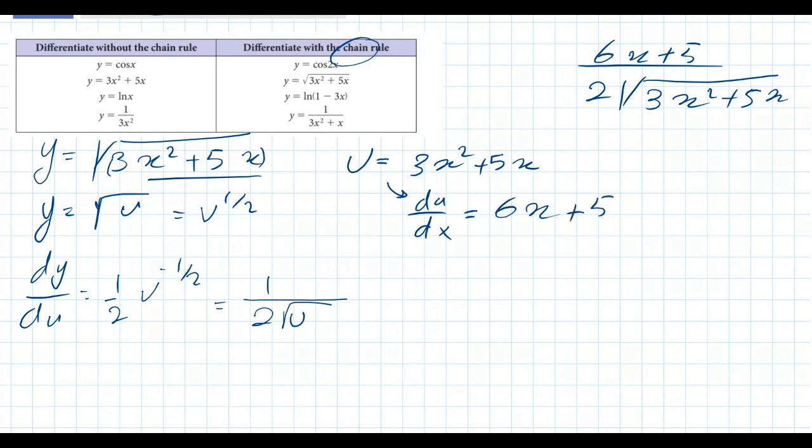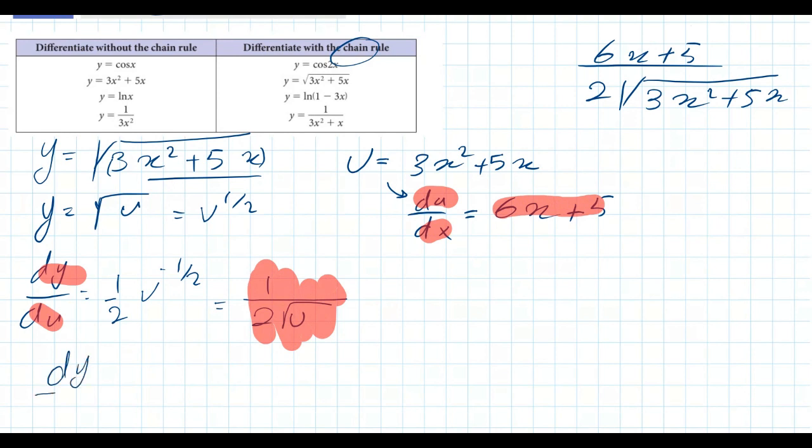Okay, now we have two parts. The first part, which is dy over du, which is 1 over 2 by root u, and the second part, du over dx equals 6x plus 5. The time for merging them together. Then dy over dx becomes this part.